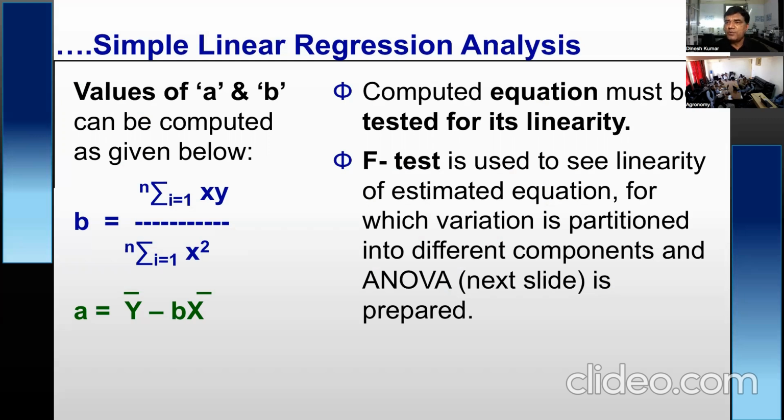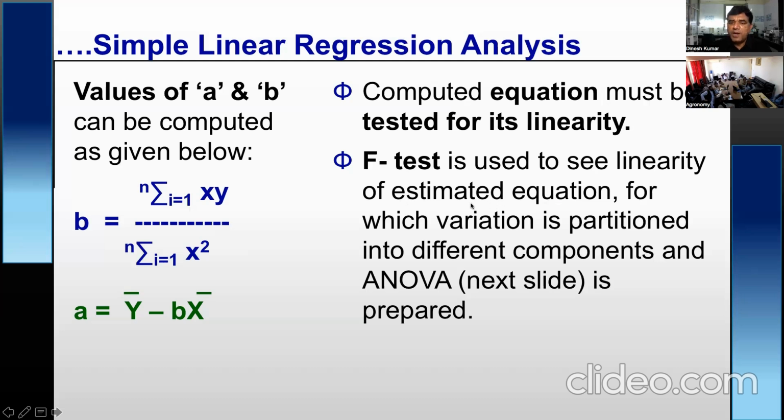So the computed equation, computed means calculated, must be tested for its linearity, whether it is linear or not, whether it is a straight line or not. For this, we have the F test, which estimates the linearity of the equation.